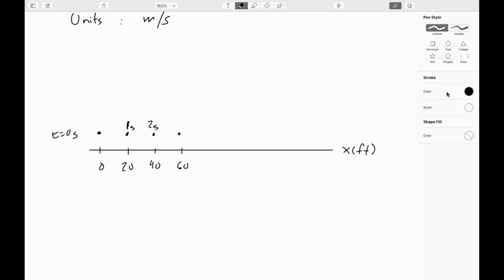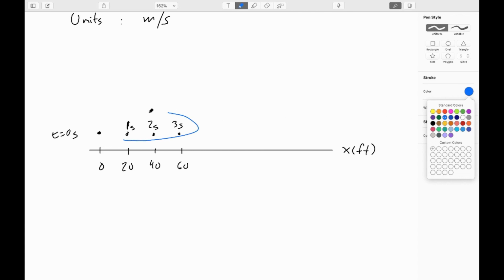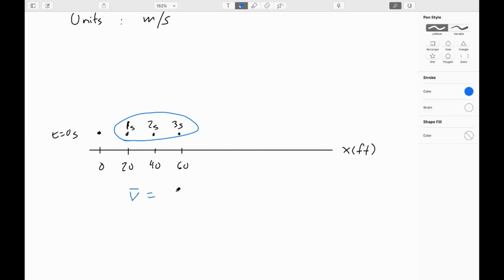Let's go and, just to mix things up a bit here, let's look at this time interval right here. Actually, better yet, let's do this interval right here between t equals 1 and t equals 3 seconds. So we can go ahead and figure out what our average velocity is over that interval. You would say the average velocity is the change in the position over the change in time.